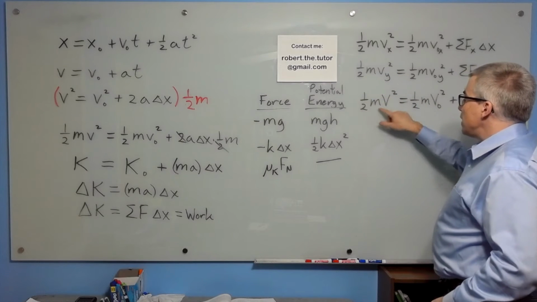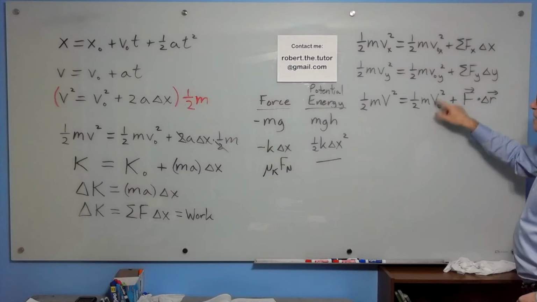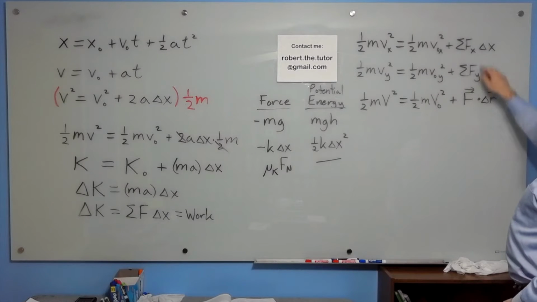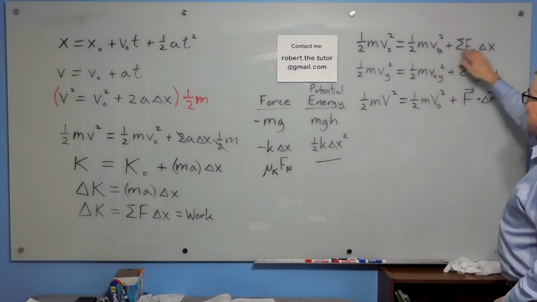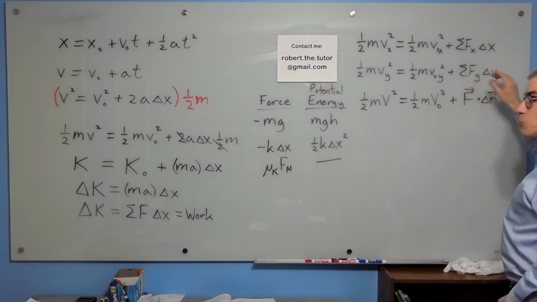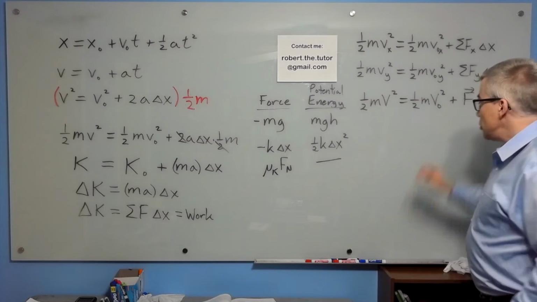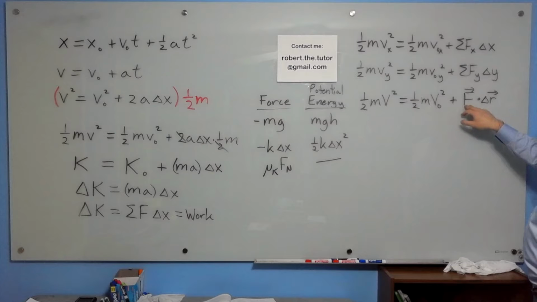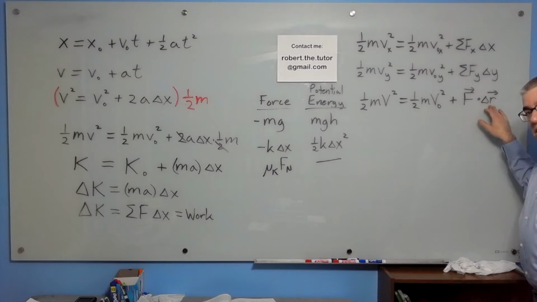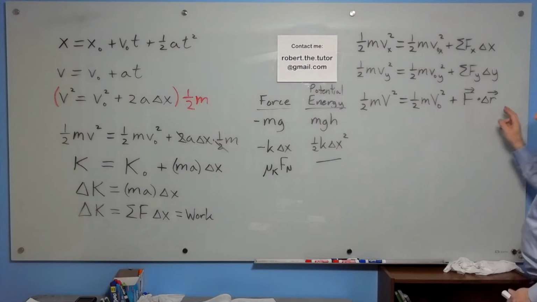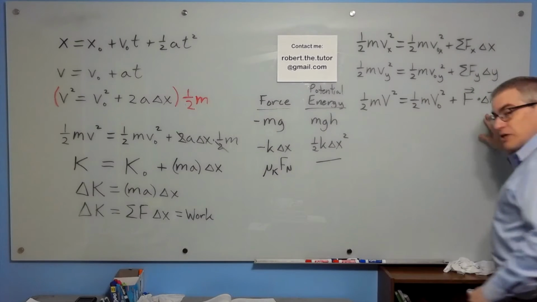So you get 1/2 mv squared equals 1/2 mv0 squared plus force x delta x plus force y delta y, and that's a dot product. You're doing the dot product of the sum of the forces times the displacement in two dimensions. And so this formula is not just one-dimensional, it's very general.